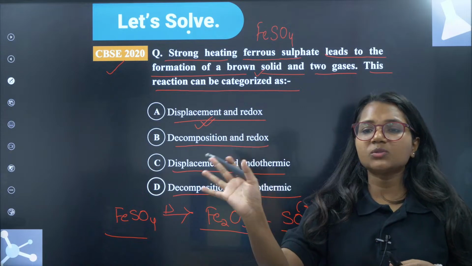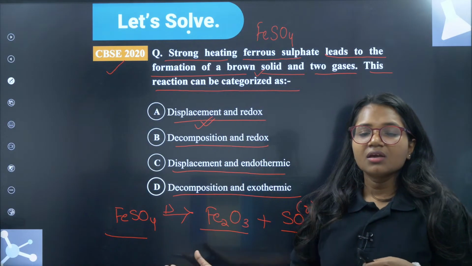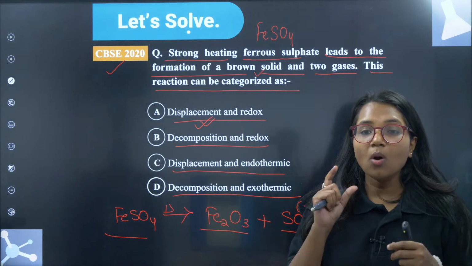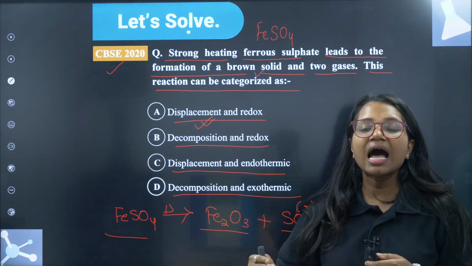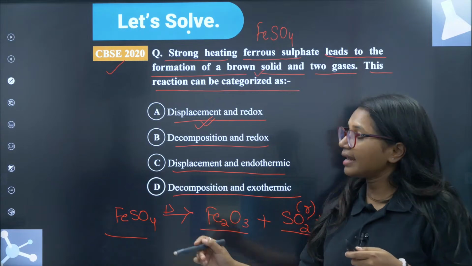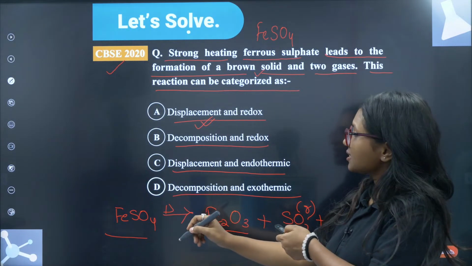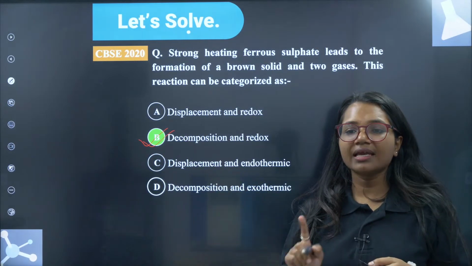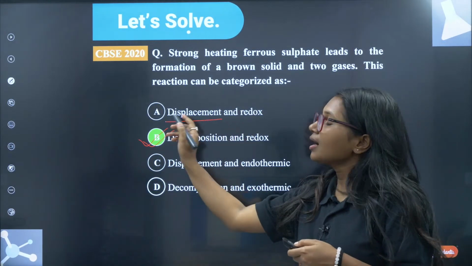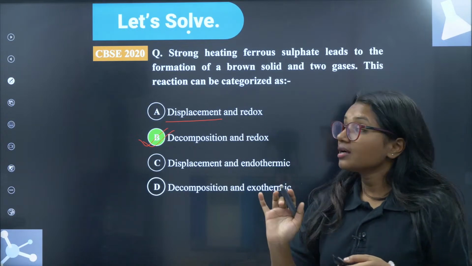It is not a displacement reaction. What is happening here? One compound is getting decomposed. So what is the answer for this question? Decomposition and a redox reaction. It is not a displacement reaction.